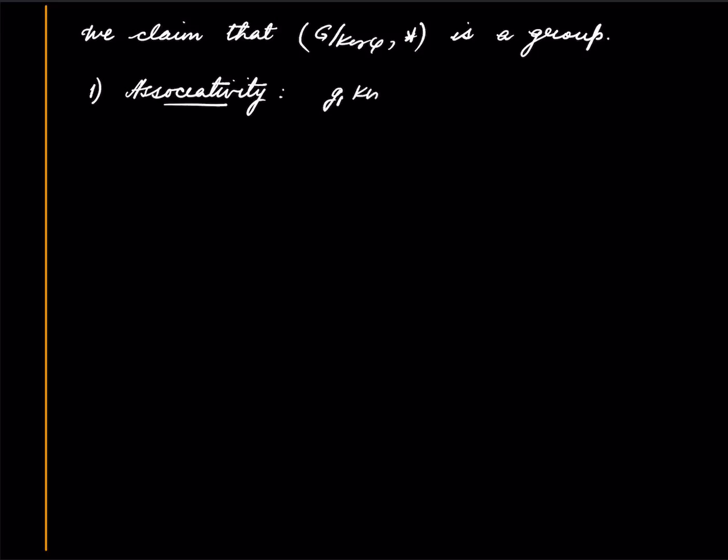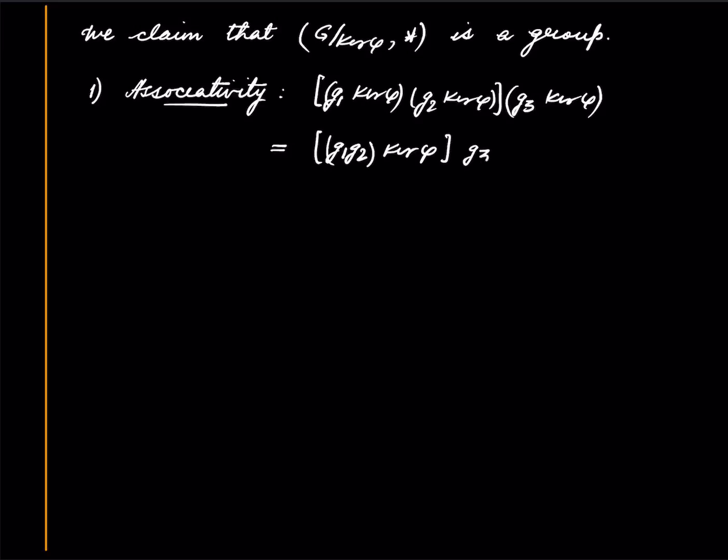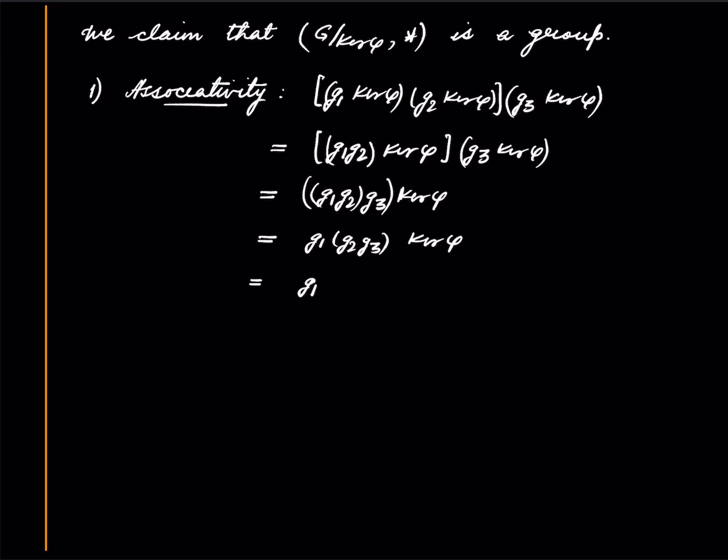So g1 kernel phi, g2 kernel phi, and g3 kernel phi. This is what? This is equal to, not by definition, but by the lemma that we discussed in the opening of this lecture, equal to that, which is equal to g1 g2 g3 kernel phi, which is by associativity of the original group G, equal to that, which is equal to g1 kernel phi.